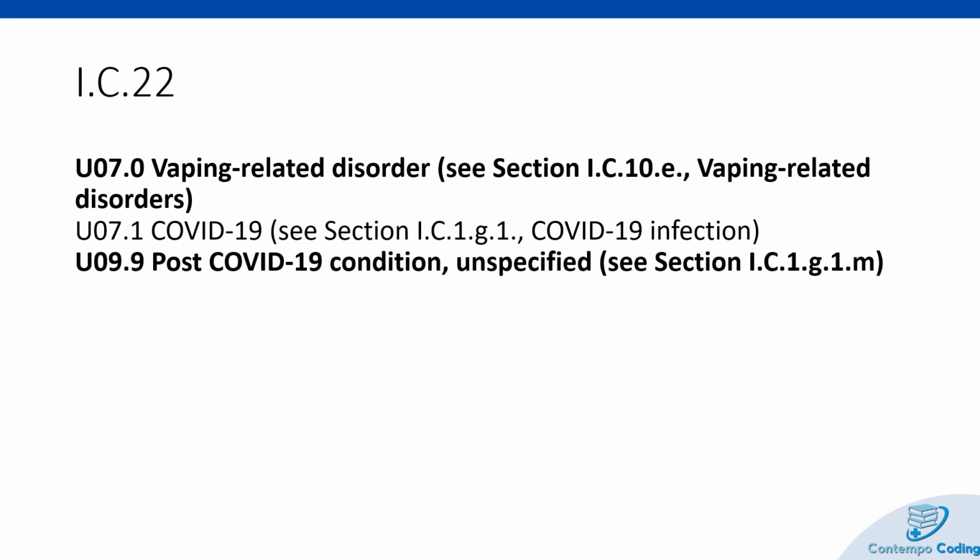And then it tells us to see our section 1.C.1.g.1.m, which is the big section that we looked at earlier, where it talks about the sequela of those COVID-19 conditions and how we should not be using U09.9 if it is a manifestation of an active current COVID-19 infection.